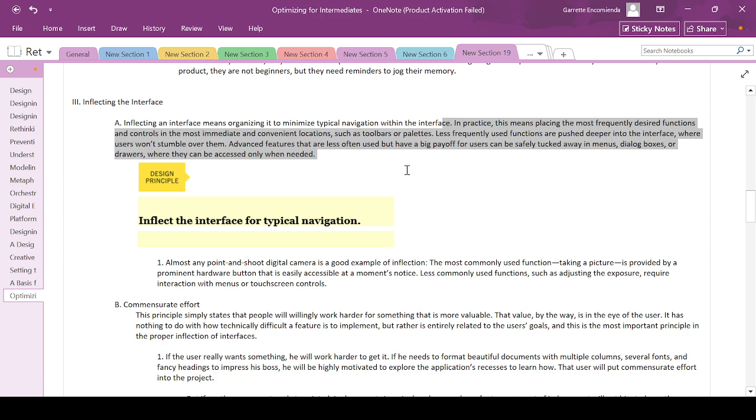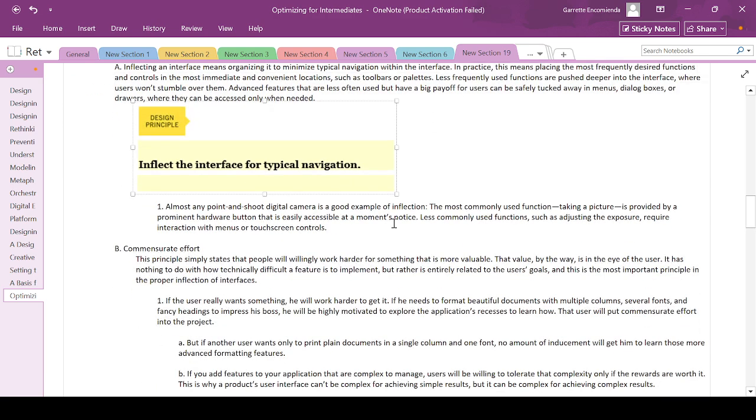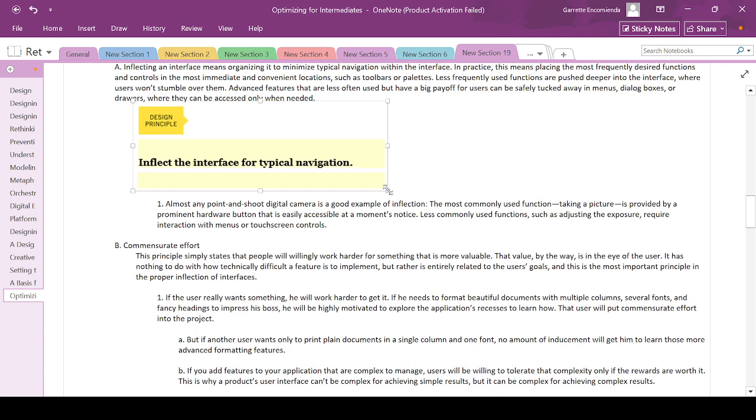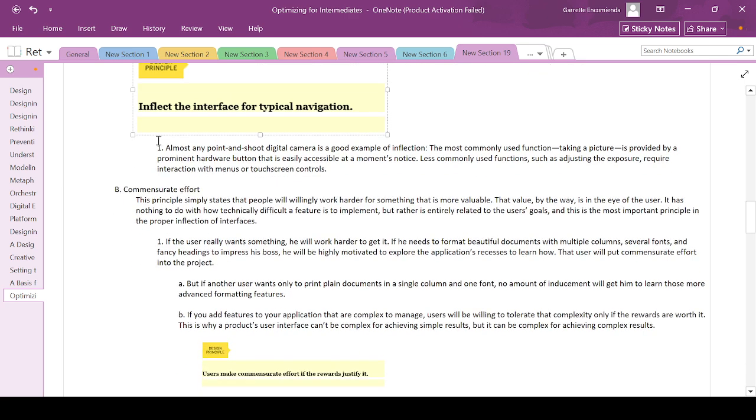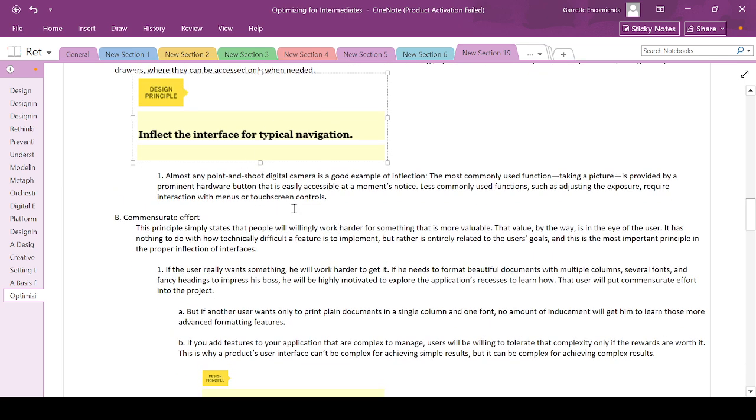Another principle that we will discuss later is hiding the lever, the layout manipulation tool that will change the actual visual interface. So the design principle: inflect the interface for difficult navigation for intermediate users.